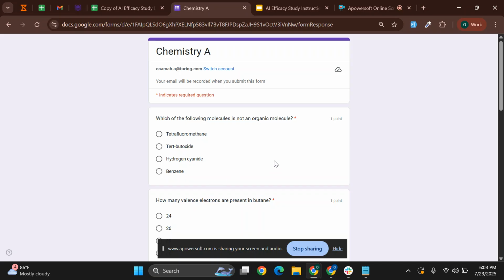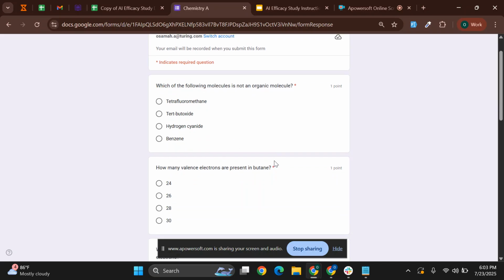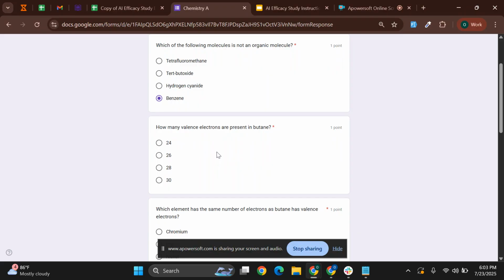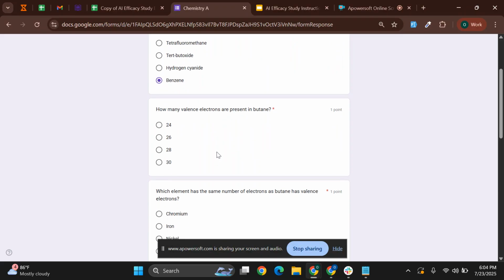Which of the following molecules is not an organic molecule? So, benzene, hydrogen peroxide, tetrafluor... I think benzene is not an organic molecule. How many valence electrons are present in butane?